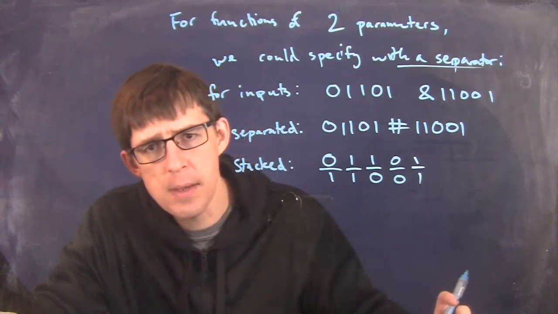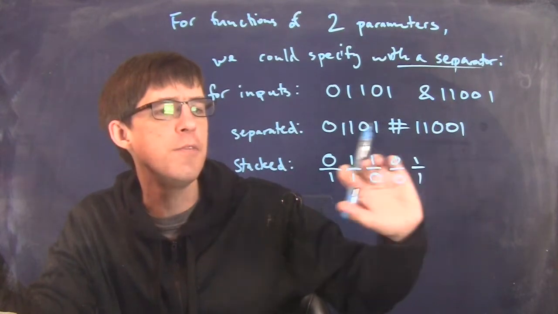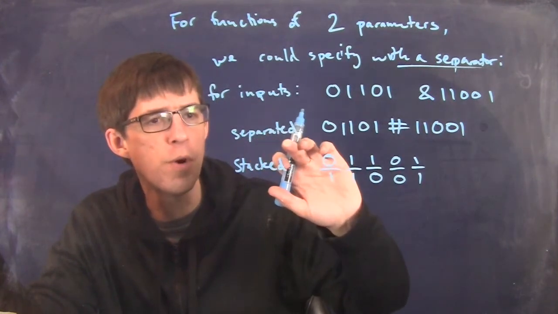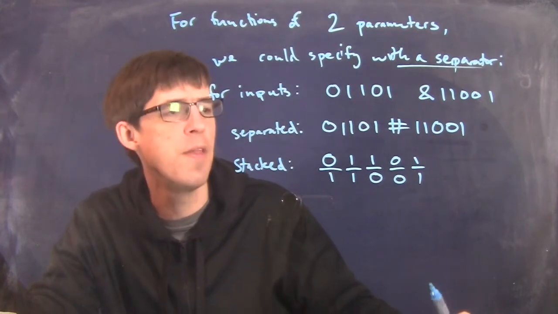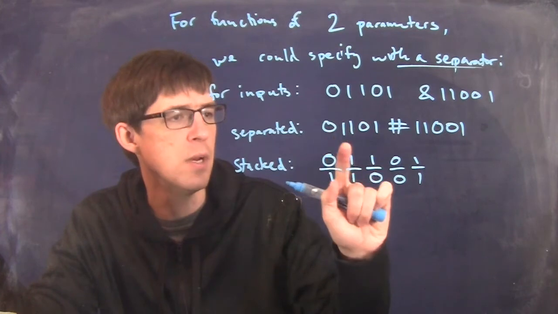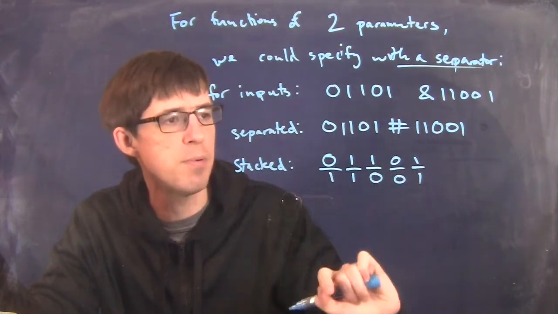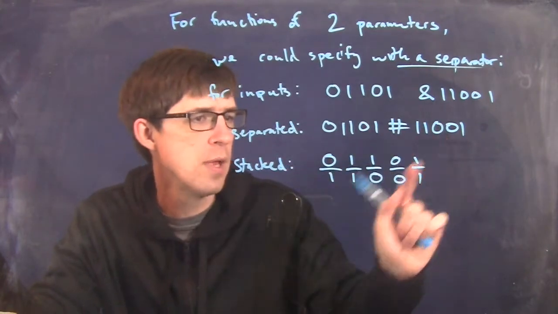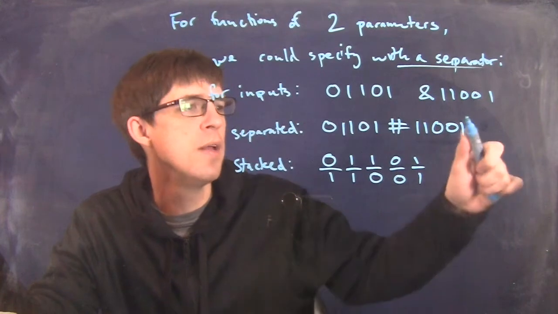From a theoretical, abstract perspective, these are equivalent, because if you ever had a Turing machine which works according to separated inputs, you could always convert it into the same Turing machine working with stacked inputs, because you can make a machine which would translate a string that looks like this with a separator, and go back and forth and replace these various characters with their stacked equivalents. So these are equivalent.